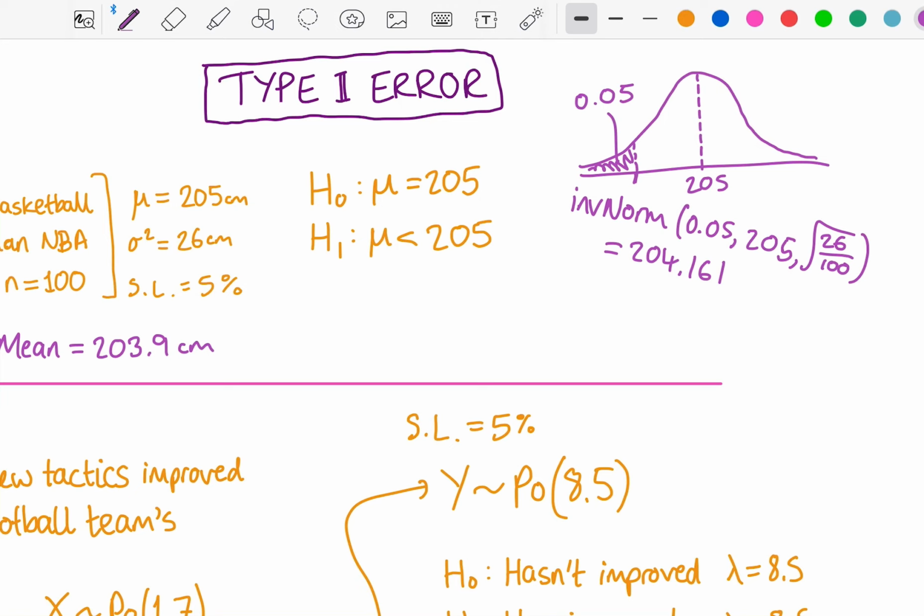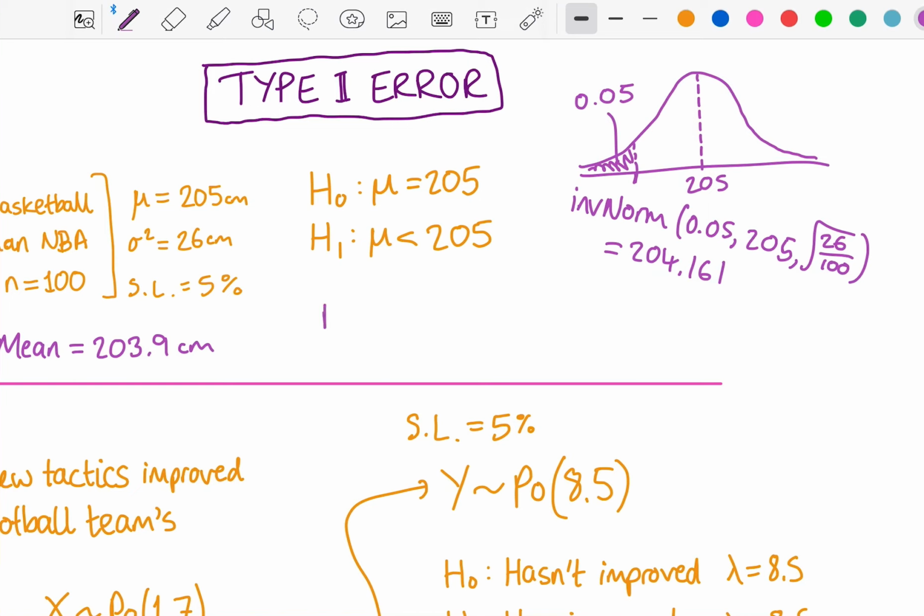So anything less than that, we would conclude that European players are shorter. Anything more than that, we would conclude that they're not, and we would not reject the null hypothesis. Type 2 error is the probability of not rejecting the null hypothesis, given that actually there is a shift, given that in this case the mean is 203.9.